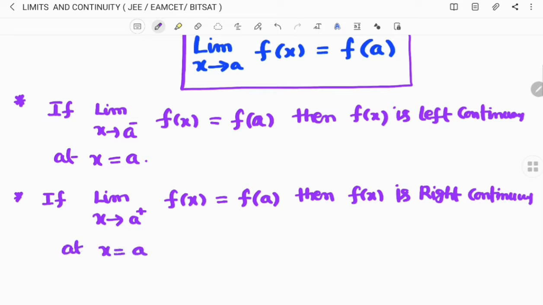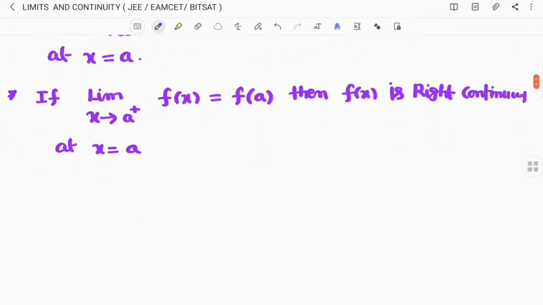So that means for a function to be continuous at x equal to a, limit x tends to a f of x is equal to limit x tends to a minus f of x, which is also equal to limit x tends to a plus f of x. So we will discuss one example regarding this.